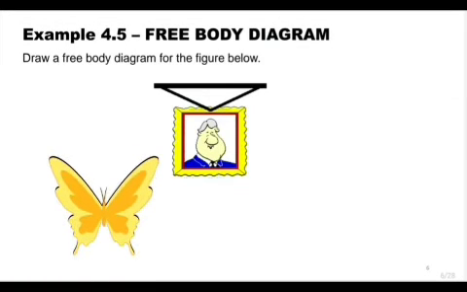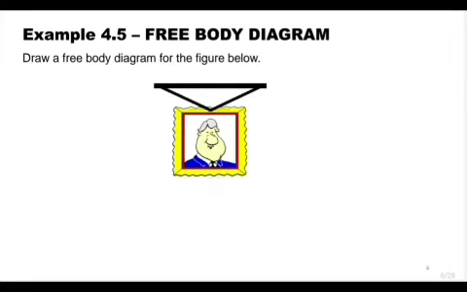Example 4.5 Free body diagram. Draw a free body diagram for the figure below. In this figure, we can see that there is a picture frame attached to two different strings. Therefore, the forces that acting on the picture frame will be weight pointing downward, and we have tension.